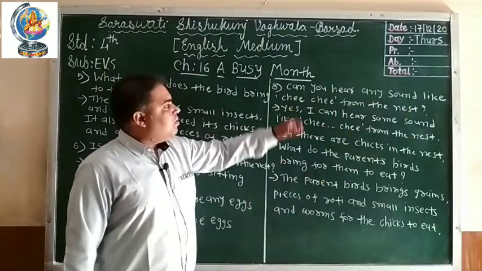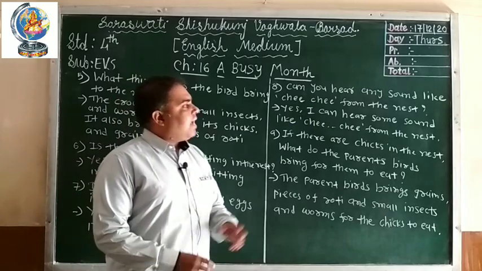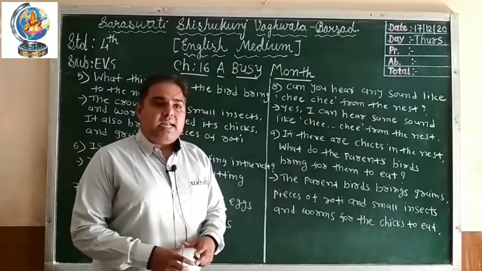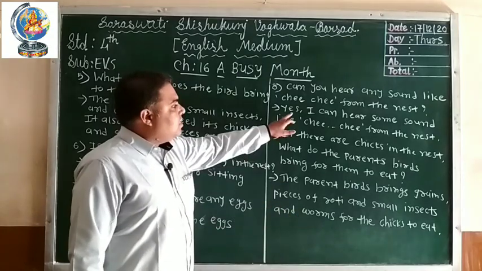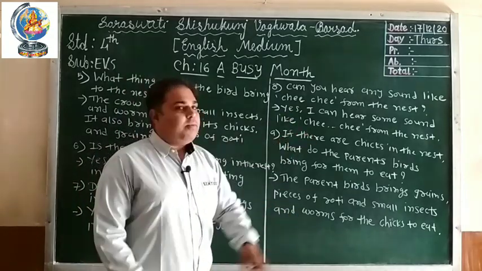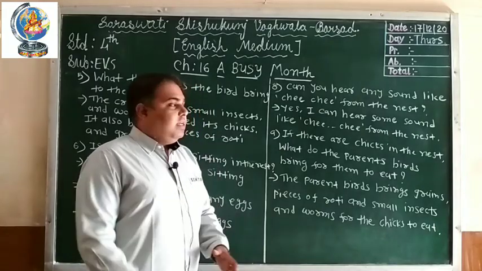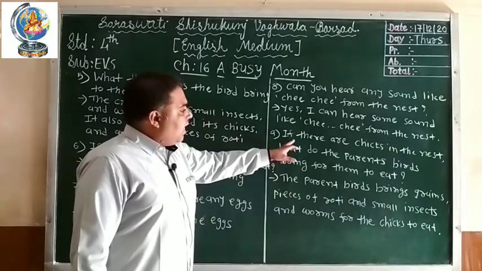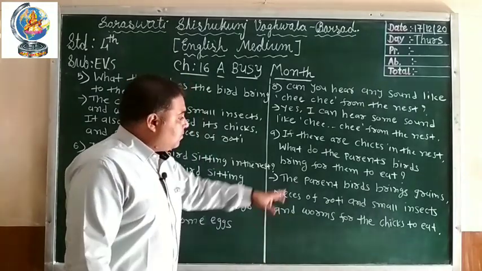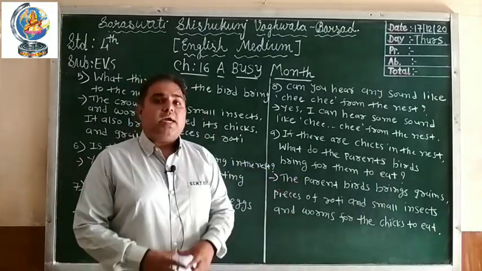Students, the eighth question is, can you hear any sound like chee chee from the nest? So the answer is yes. I can hear some sound like chee chee from the nest. Then the next question is, if there are chicks in the nest, what do the parent birds bring for them to eat?